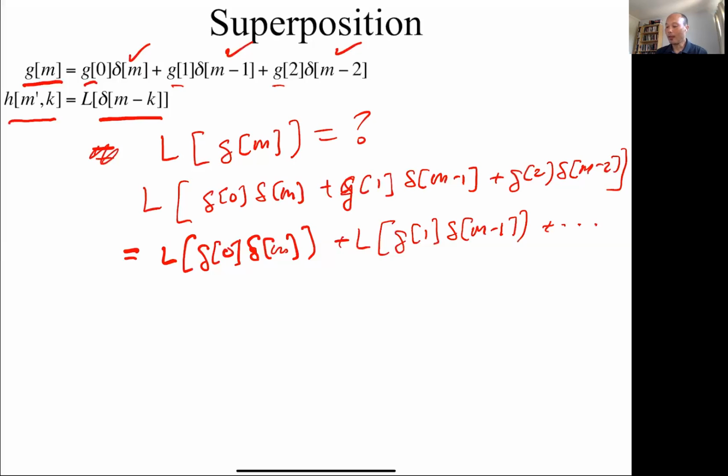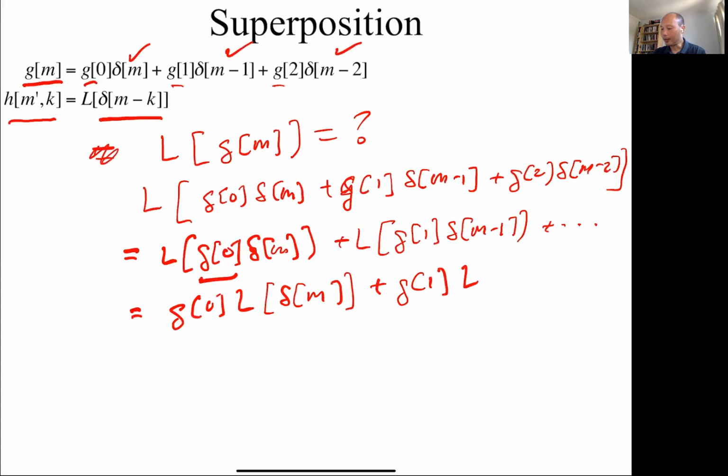So that's applying additivity. And then because I can apply scaling, I can take this out, since this is a scaled input, a scaled Dirac delta function. So that's just g of 0 times L of delta m, plus g of 1 times L of delta m minus 1, and so on and so forth.